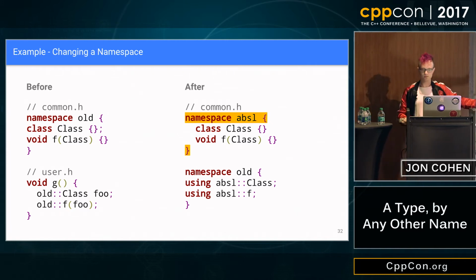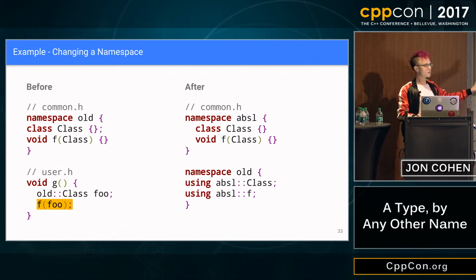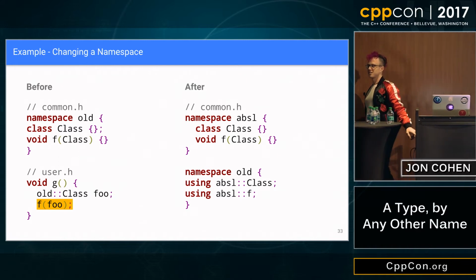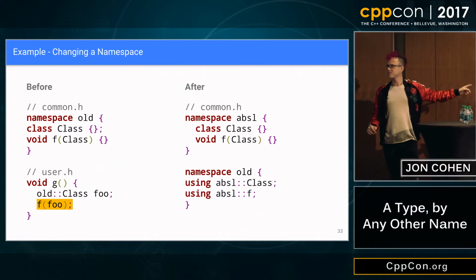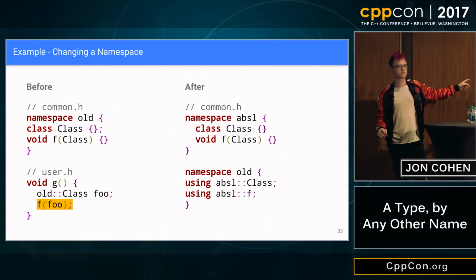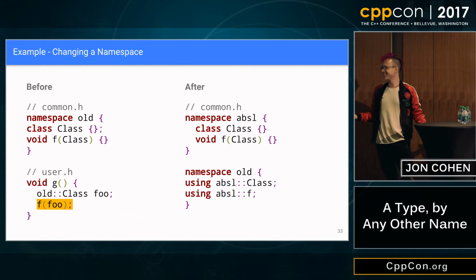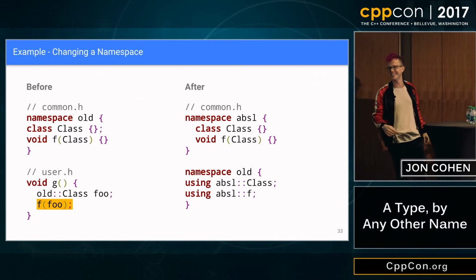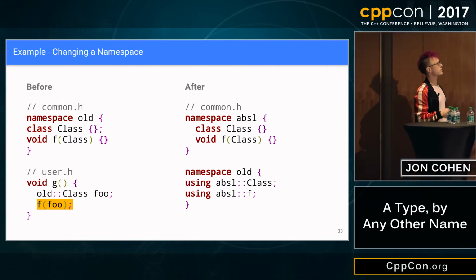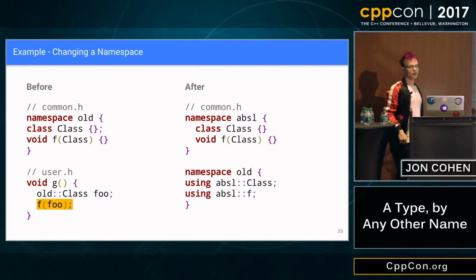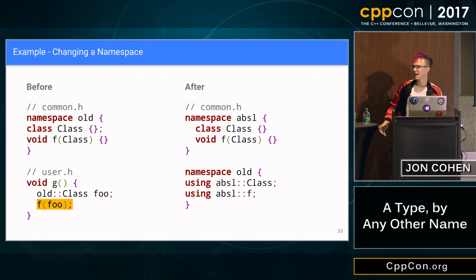This is great. Does anybody know what happens if that was the user code? Does this compile? Don't all answer at once. You have a 50% chance. This does compile. This is totally fine. Aliases, if you remember, are not in the type system.